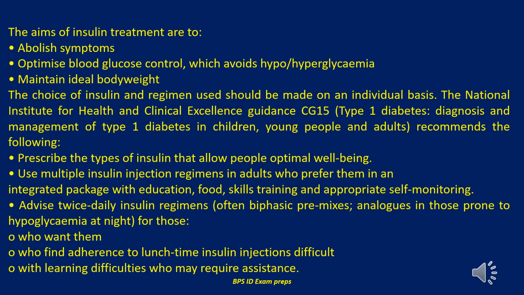Use multiple insulin injection regimens in adults who prefer them, in an integrated package with education, food skills training and appropriate self-monitoring. 3. Advise twice-daily insulin regimens, often biphasic pre-mixes or analogues, in those prone to hypoglycemia at night, for those (a) who want them, (b) who find adherence to lunchtime insulin injections difficult, and (c) with learning difficulties who may require assistance.